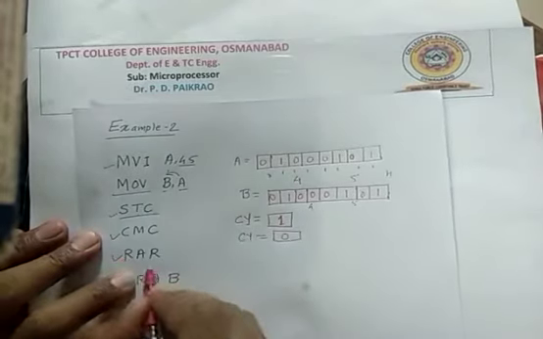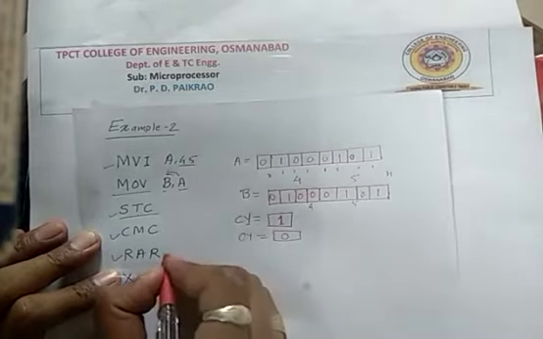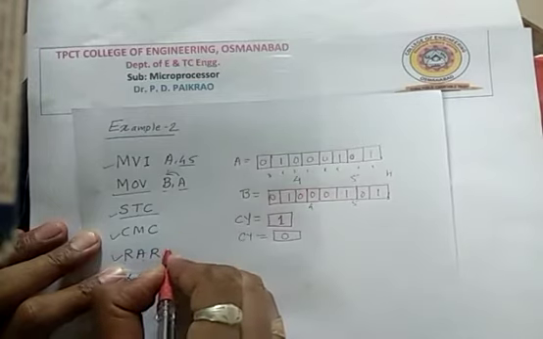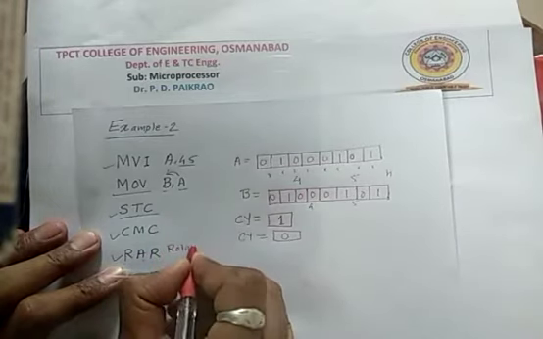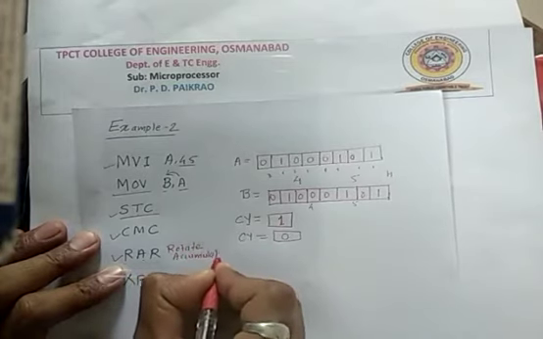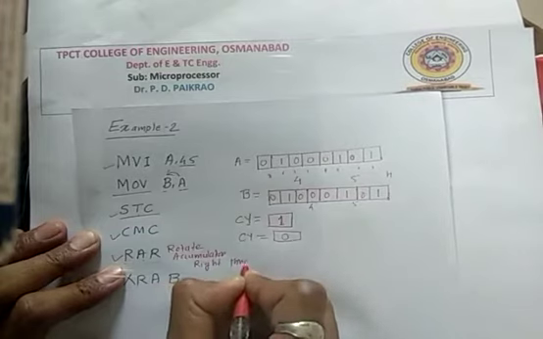Now the next instruction is RAR. This is rotate accumulator right, or more precisely, rotate accumulator right through carry.